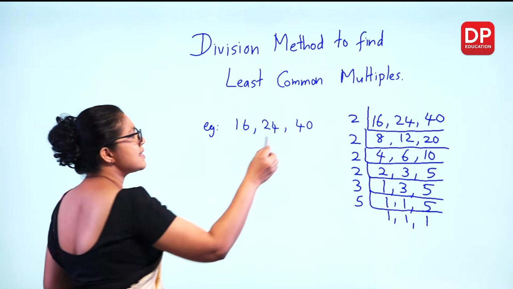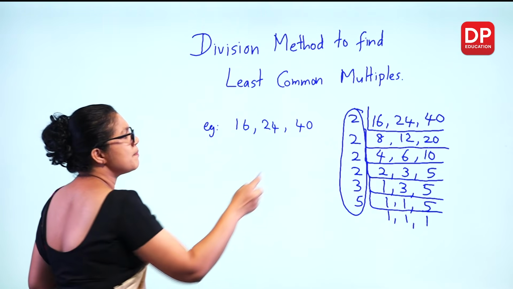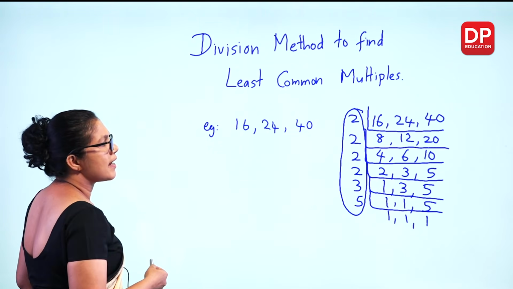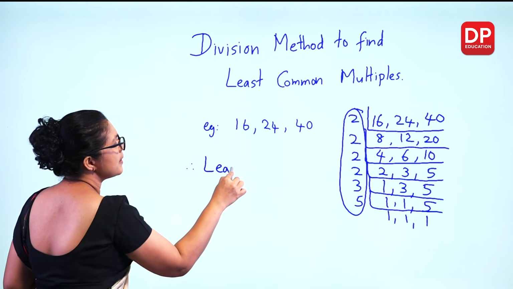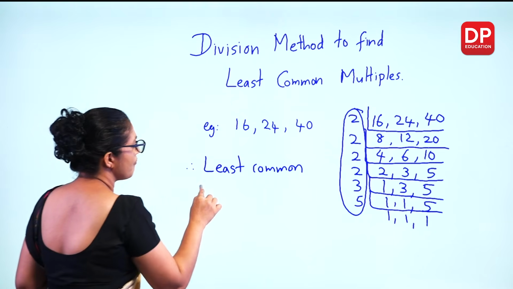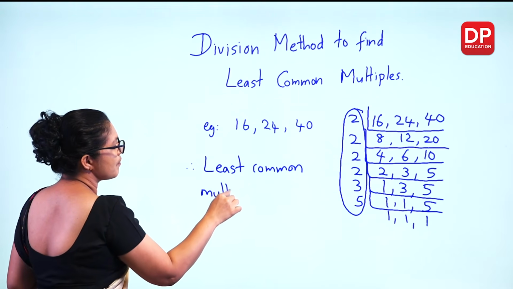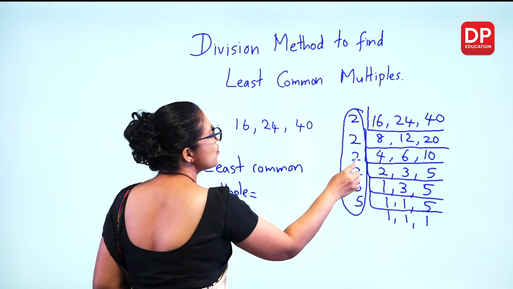And then what's the least common multiple? You have to multiply all these factors. So what's the least common multiple? 2, 2, 2, 2.